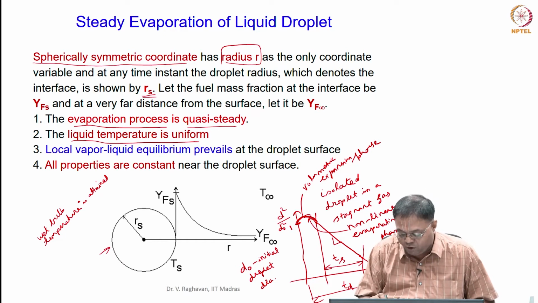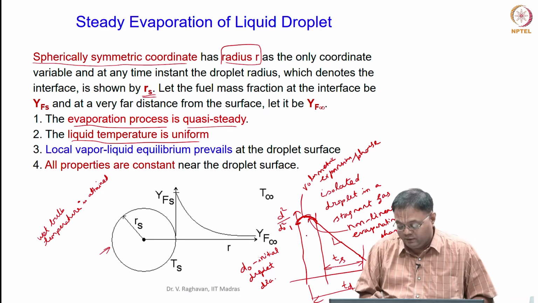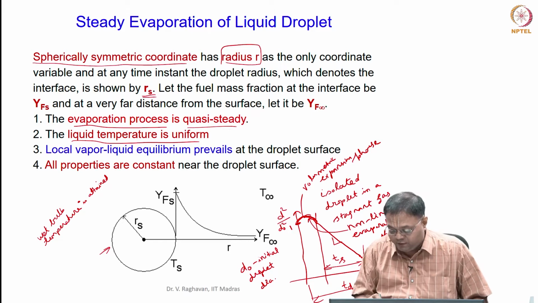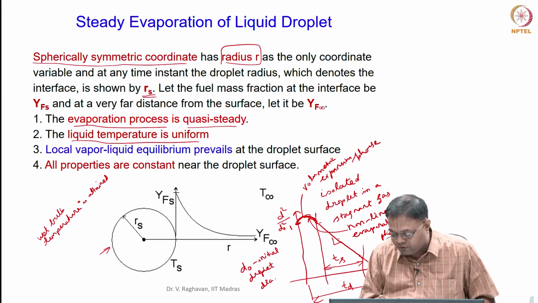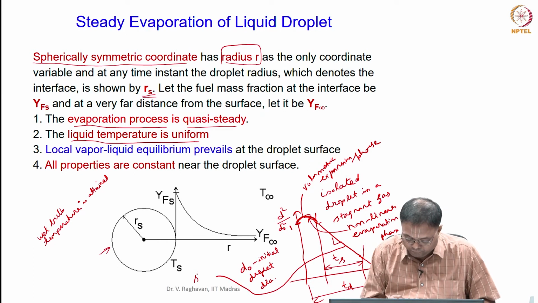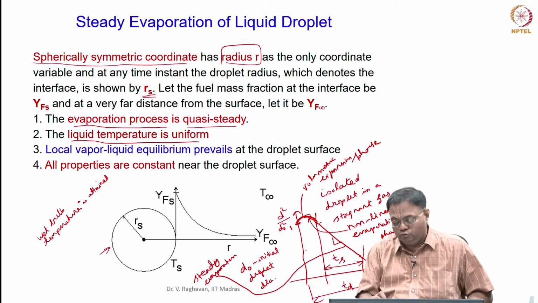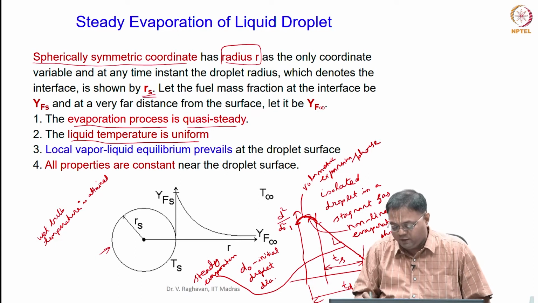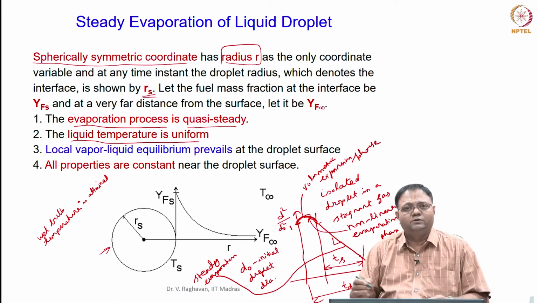After that, there is a non-linear evaporation state. Then Ts is the steady evaporation regime. And after that, slight non-linearity comes towards the end.